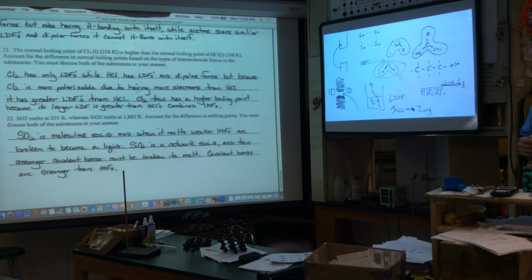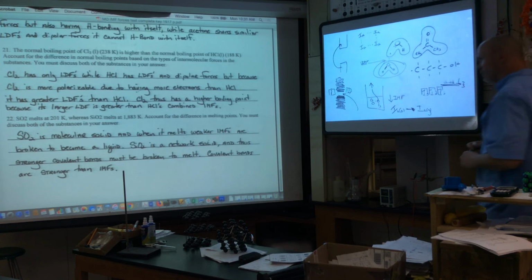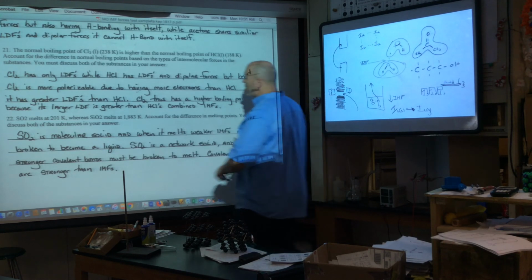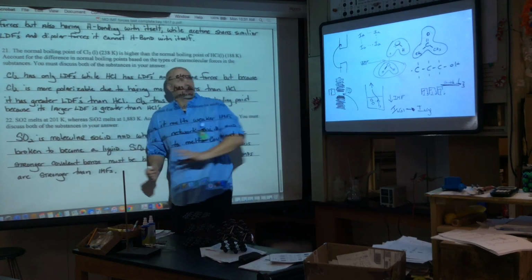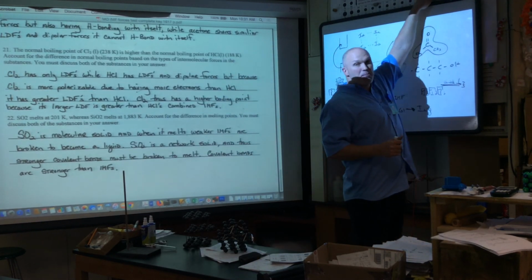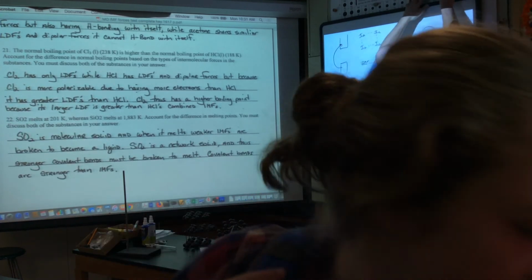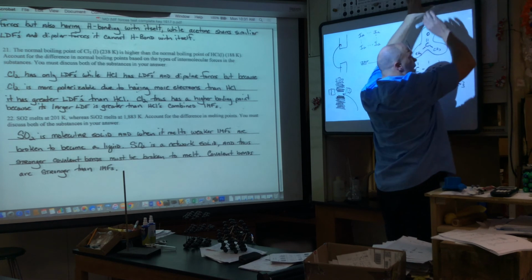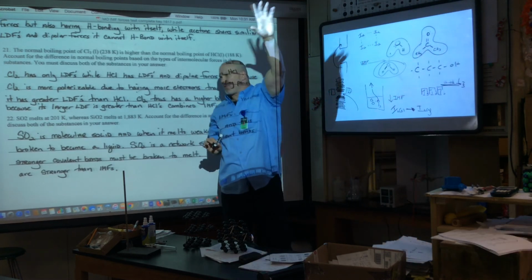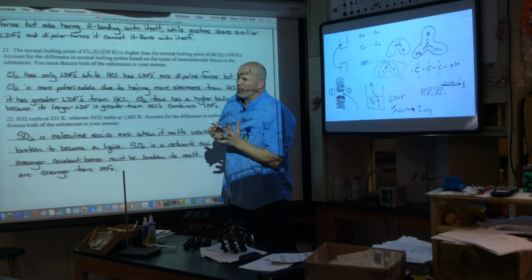Yes? How are you supposed to know that's a network solid rather than ionic just from the formula? Well, because that silicon is so close to this side. It's actually a metalloid. It's on the staircase. So anytime you have guys in this area, there's not going to be a transfer. Their electronegativities are too similar.